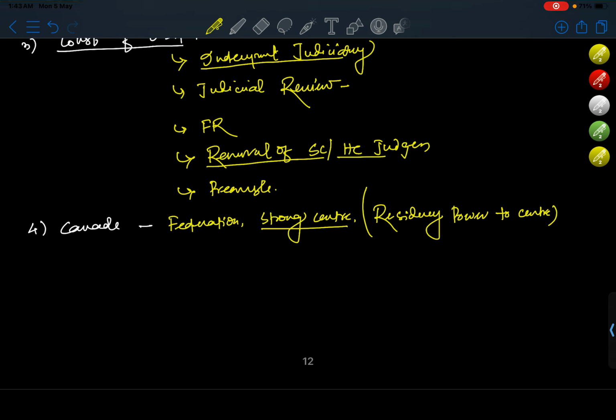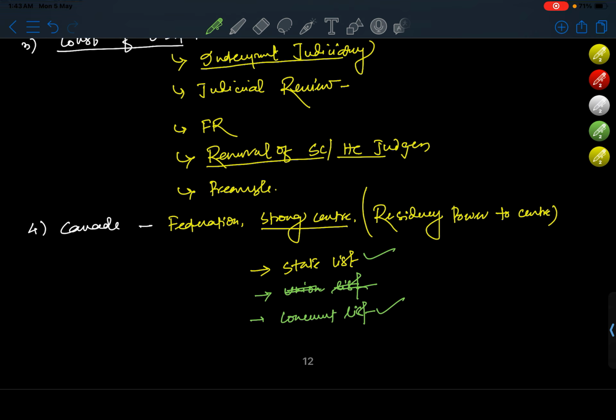Now, how can you say the central government is powerful? In India, we have three lists: state list, union list, and concurrent list. Not union list. State list and concurrent list.